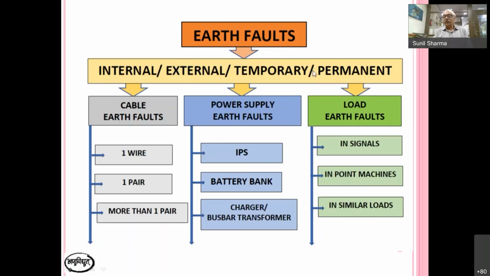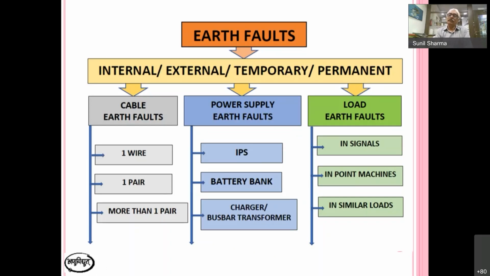Then temporary and permanent. What is temporary? Suppose a system is on, like a green signal is on and has leakage. This leakage appears in the ELD. But when green changes to red, the system is off and the leakage is also gone.